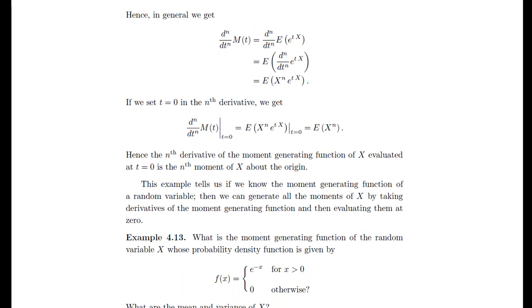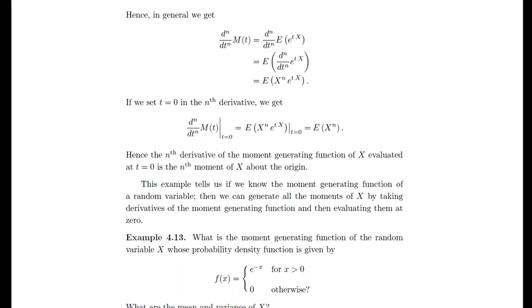If we set t equal to 0 in the nth derivative, we get the nth derivative of the moment generating function at t equal to 0, which is equal to the expected value of x to the power n. Hence, the nth derivative of the moment generating function of x evaluated at t equals 0 is the nth moment of x about the origin.